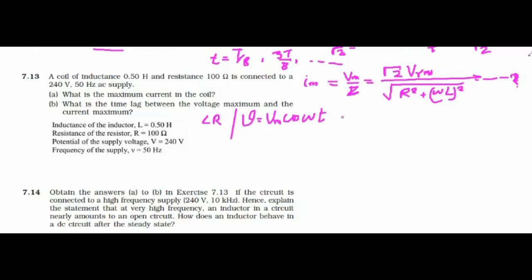t. V is equal to Vm cos omega t, and I is equal to Im cos(omega t minus phi), because in an inductive circuit we can see current lags behind the voltage.